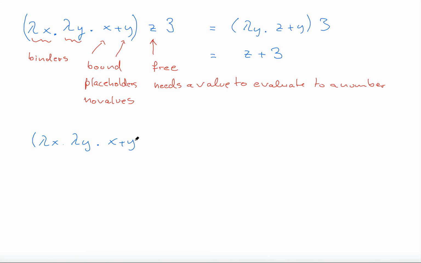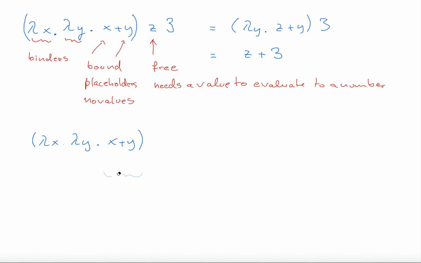So remember that the bound variables here, the x and the y, are just placeholders. They're not visible on the outside. So the scope of the x is this, and the scope of the y is this, so everything to the right of the lambda. And outside of the scope, x and y are not known. x and y are not visible.